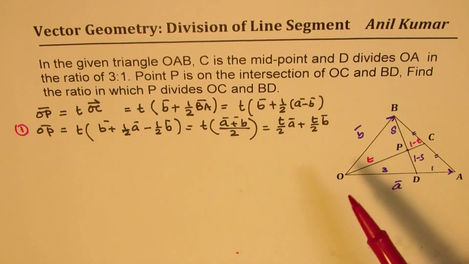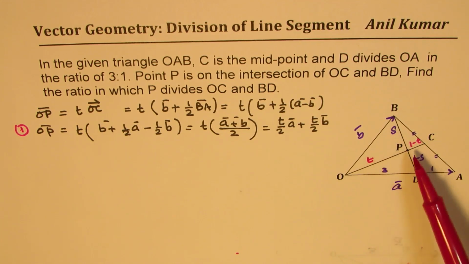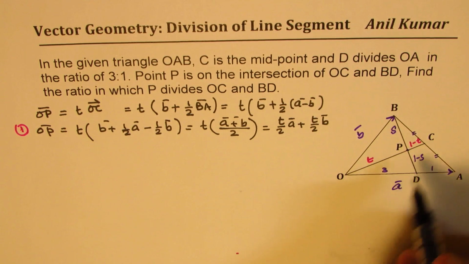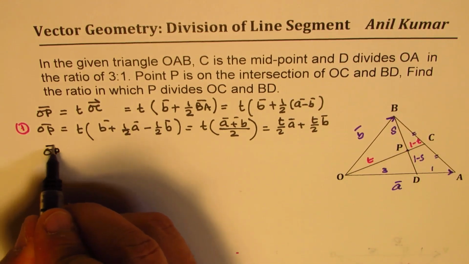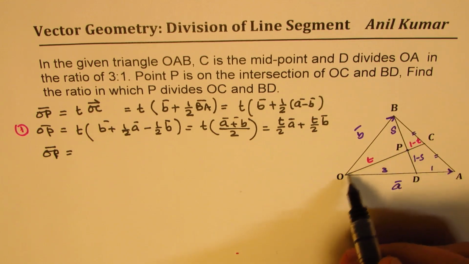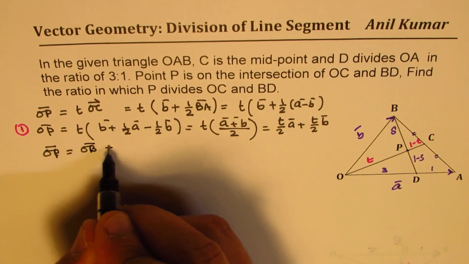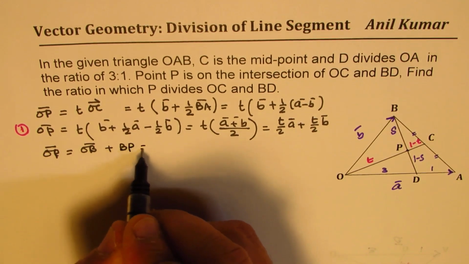Now, let us try to write OP as a combination using this parameter S. So we could write OP as equal to OB plus BP.